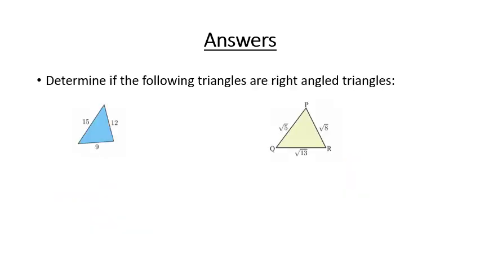Okay, now let's check your answers to the converse of Pythagoras. So here I'm going to label the triangle A, B, and C. I'm going to work out what A squared plus B squared is first. A squared plus B squared is equal to 9 squared plus 12 squared. Therefore, A squared plus B squared is equal to 81 plus 144.